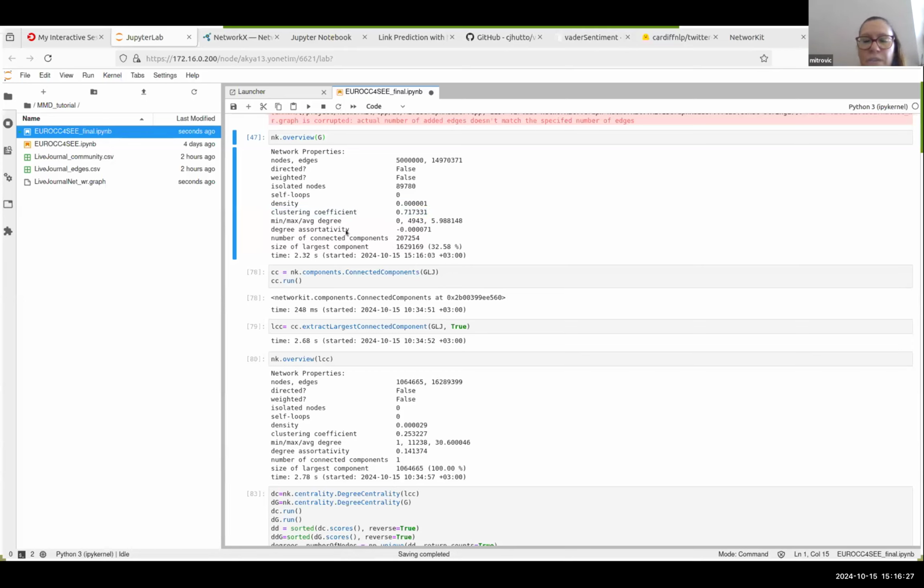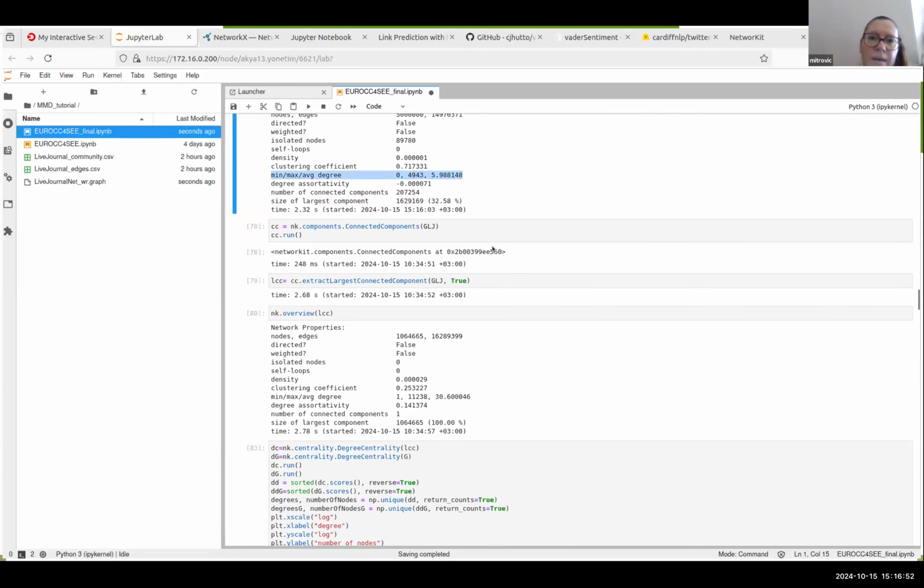Its degree assortativity is relatively low. Basically, it's a kind of 0. And it has a minimum degree of 0, sorry, and a maximum degree, which is 4,943 nodes.